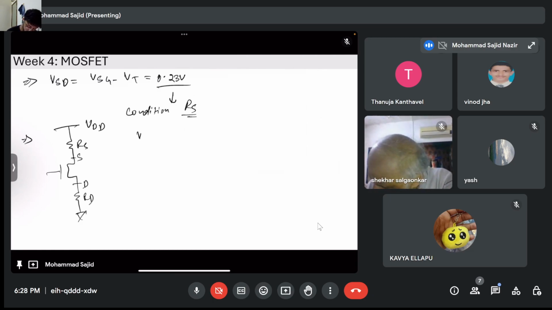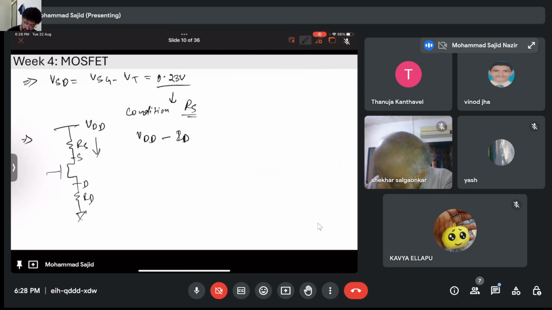So what I can write is VDD minus ID. Now this ID is not a normal current. This I am taking as 2 times ID at this maximum condition, where we need our device to be in saturation as well.